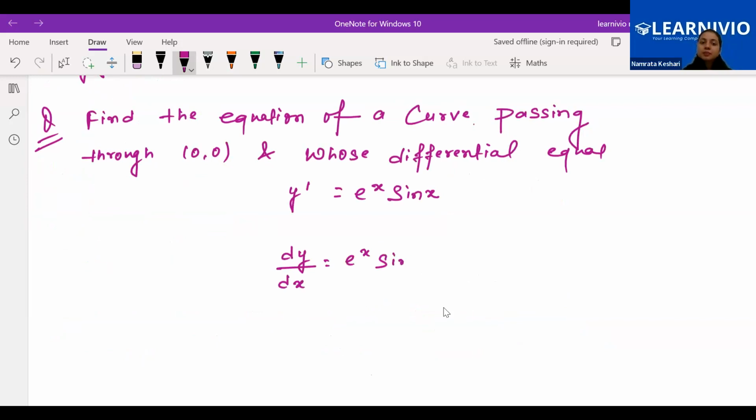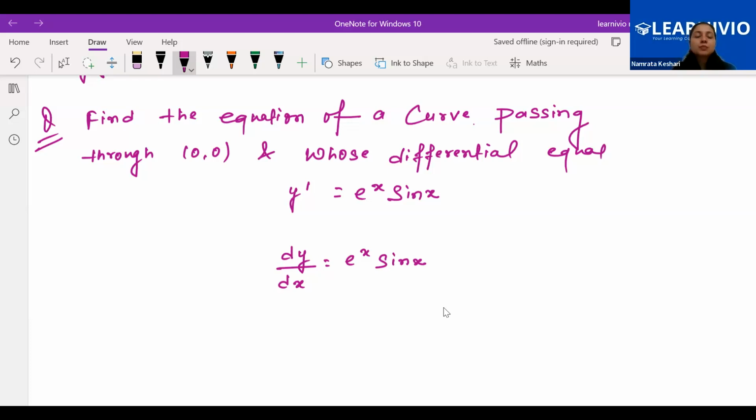Again variable separable. If at any time we have to find the solution, then definitely we will try variable separable. It will not be written in the question that you try to do it applying this logic. No, we have to identify.